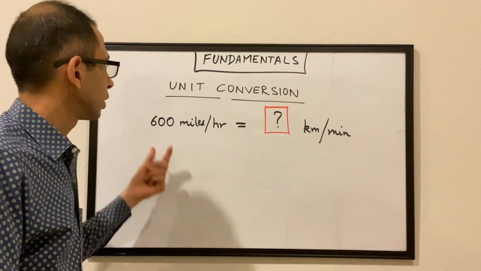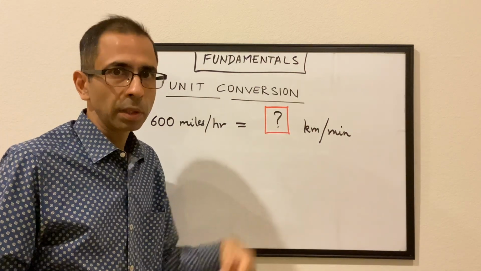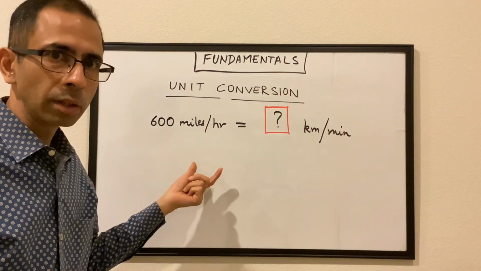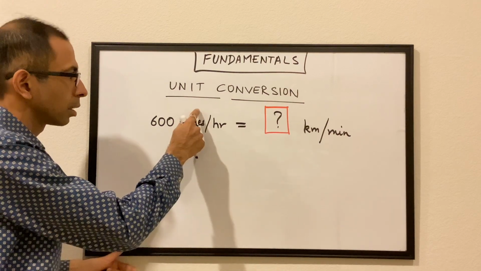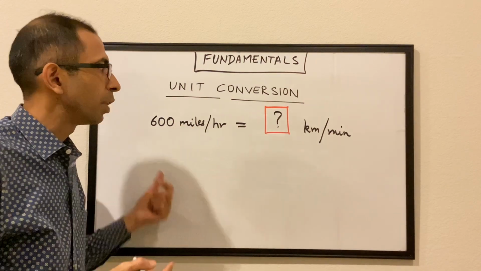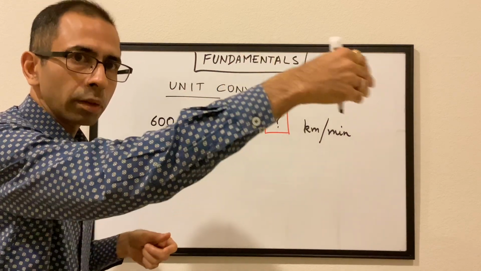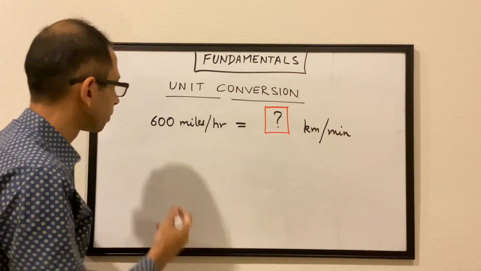So let's say we have 600 miles per hour and we have to convert that into kilometers per minute. So clearly this is a composite entity, speed, which has two entities, the length in the numerator and the time in the denominator, correct? So the way to convert such entities would be to do the numerator separately, and the denominator separately. Let's see what I mean by that.